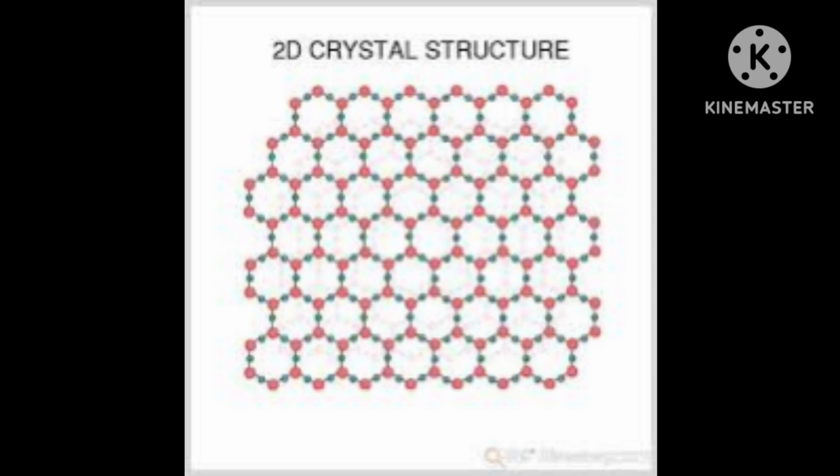In the middle, the positive ion will be there, and surrounding it the delocalized electrons will be there, meaning electrons can move. And what type of bonding will be here? Metallic bonding. What are examples? Iron, copper, silver, magnesium, etc.